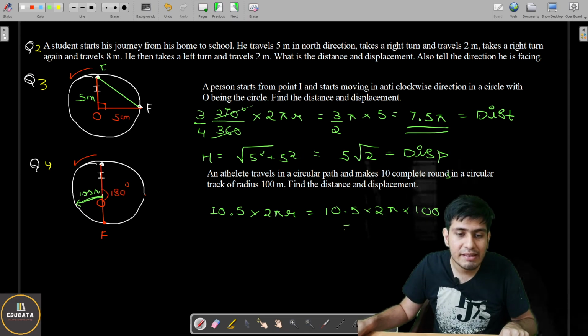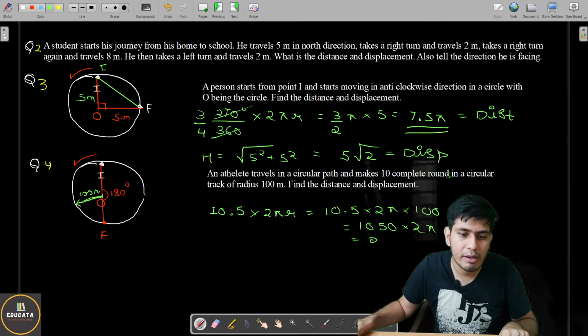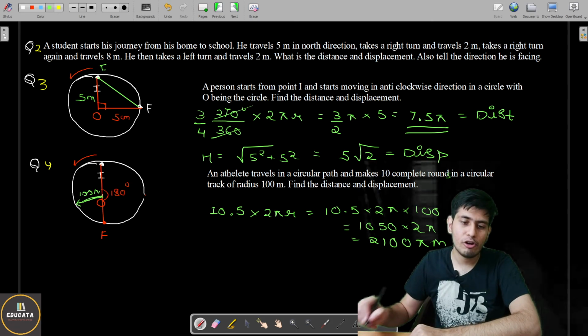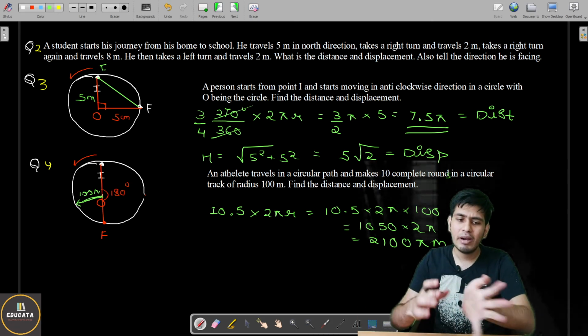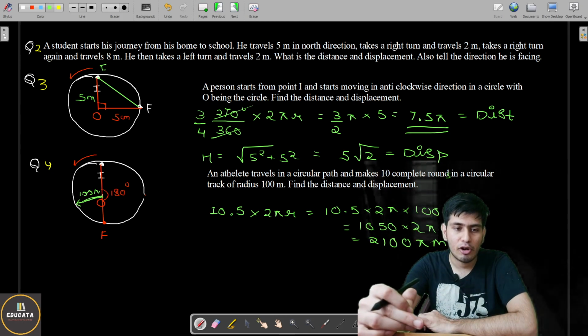It becomes 1050 into 2 pi, which is equal to 2100 pi meters. You can substitute the value of pi and calculate the final answer, but I am leaving it here. This is the distance covered by this particular body.